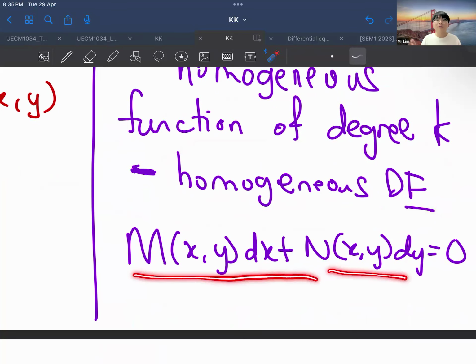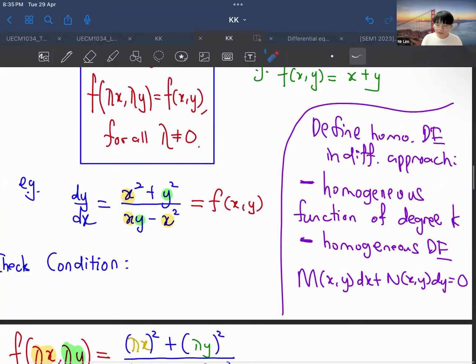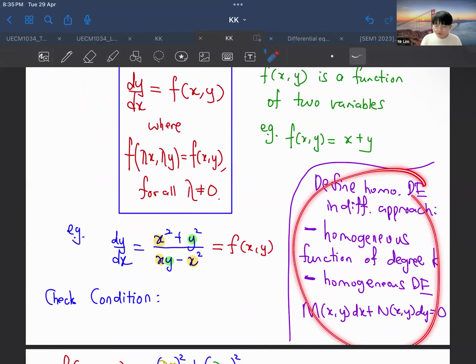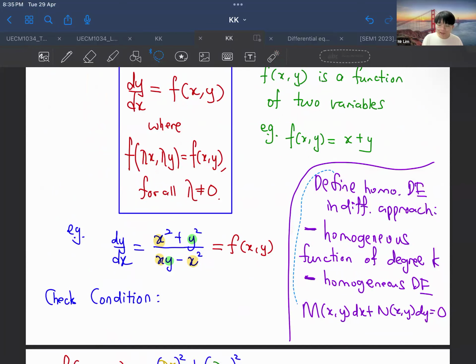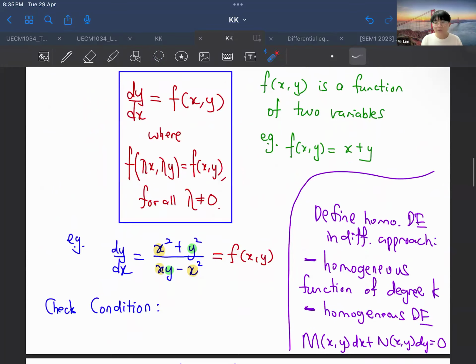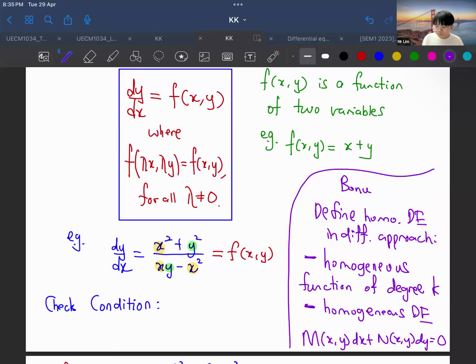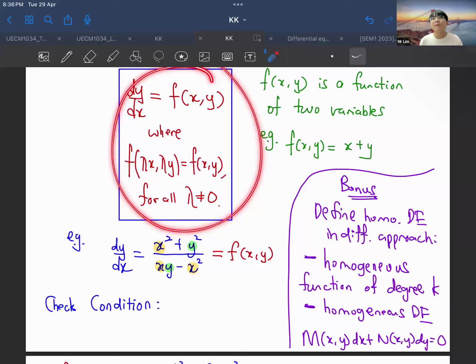So try to work it out in this way. This is a bonus. It doesn't mean that you have to follow this. I'm going to use my method for the rest of today's discussion. For those of you who really want to do something different, maybe you can provide a different way of definition. That's a bonus for you. But for most of you, my definition is already sufficient.